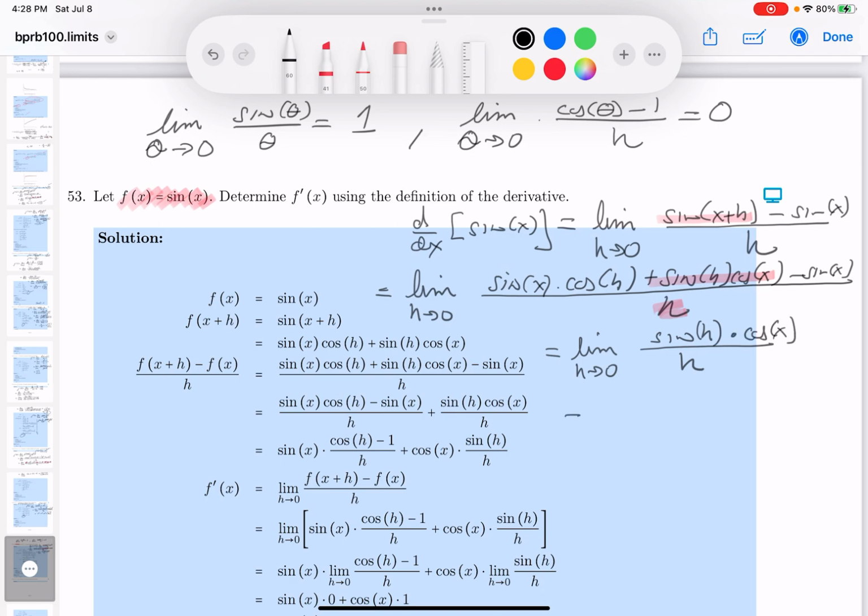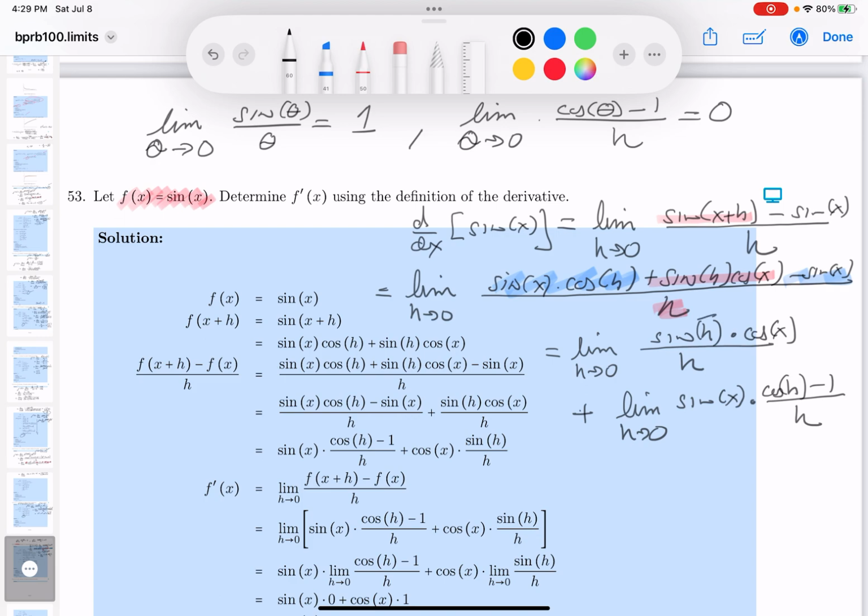And then I'm seeing something else over here. Whoops, I didn't mean to put equal there. Sorry about that. I'm going to put down plus the limit as h goes to 0. And now, let me get a different color out, I'm looking at this one and this one, and I'm going to factor a sine x out. You get sine x times the limit of cosine h minus 1 over h.